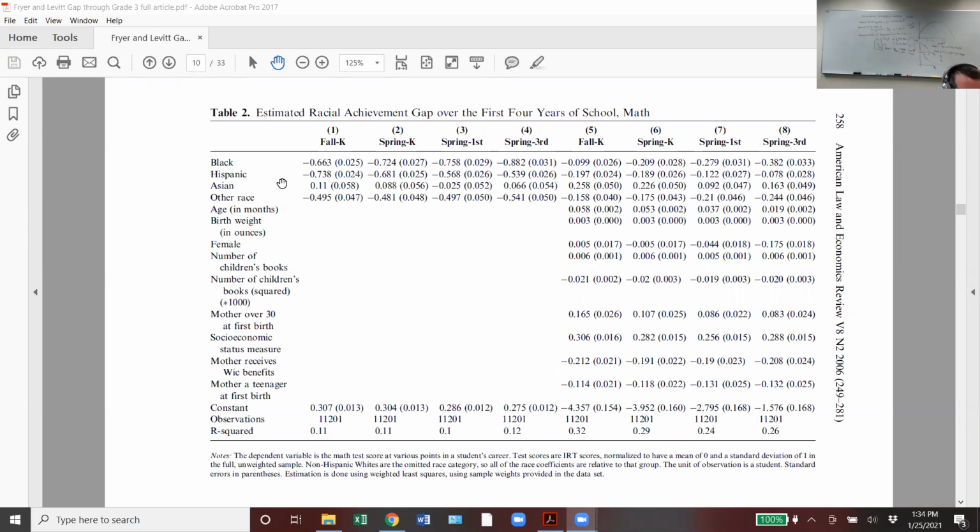You've got a Word chart you can fill in, and you can make this first column as wide as possible in order to describe variables as completely as possible, right? So: age in months, birth weight in ounces, mother over 30 at first birth. There's no ambiguity as to what these variables are. And I would urge you, when you do tables on your own, to have these labels be as completely self-explanatory as possible.